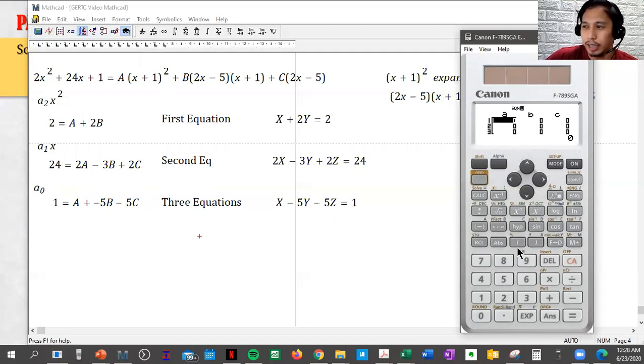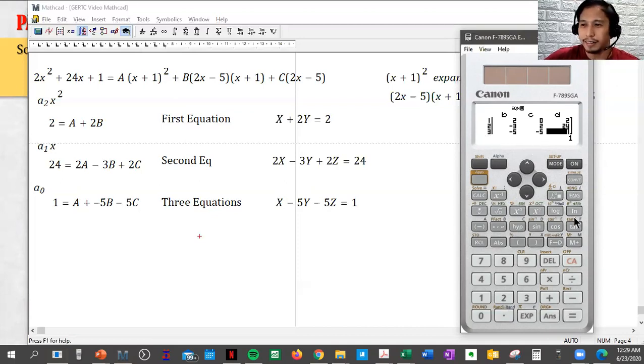Okay, so let me repeat that. 1, 2, 0, 2. Okay. Next, second equation. A is 2. B is negative 3. C is 2. D is 24. Okay? Then for the third, 1, negative 5, negative 5, and 1.